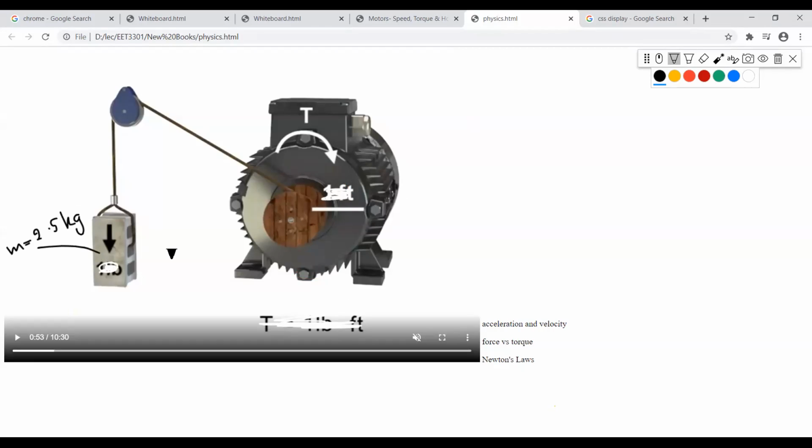If this load is moving directly upward at an acceleration of 1 meter per square second, or 1 m s to the minus 2, now calculate the T2 tension here. Can you guys calculate the T2 tension here? Please send it in the message.